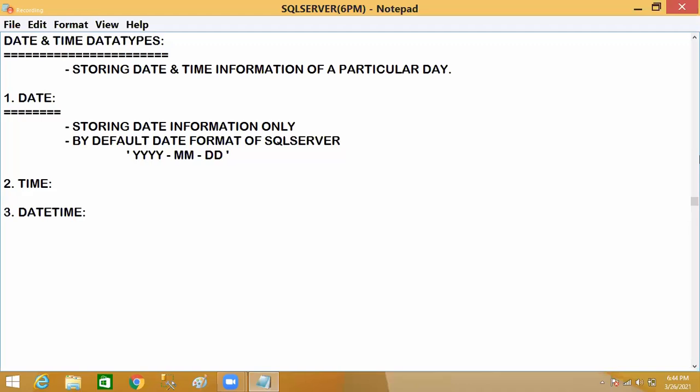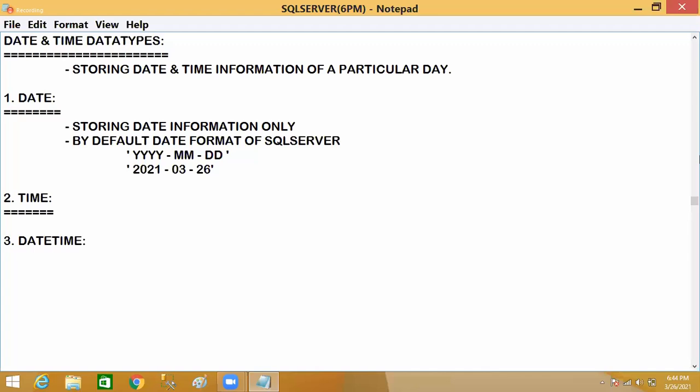So this is the default format, guys. For example, 2021-03-26. And when inserting a date expression, we should compulsorily give single quotes, it's mandatory.